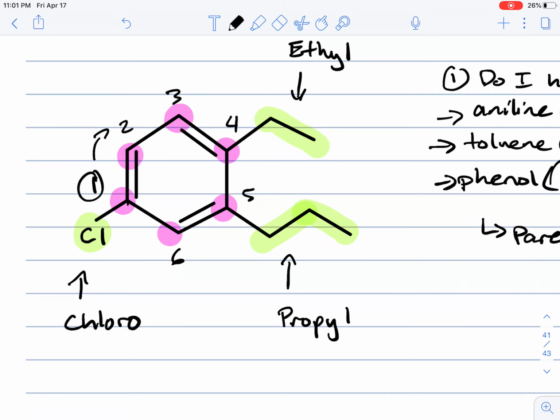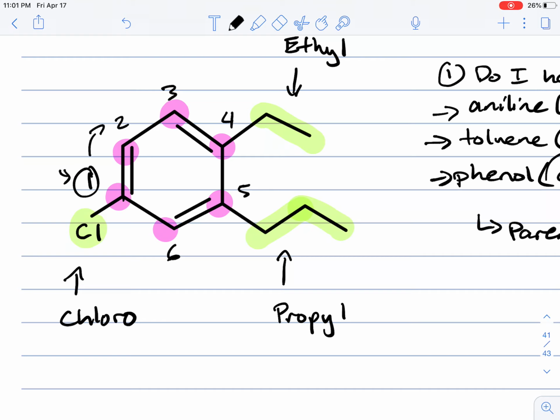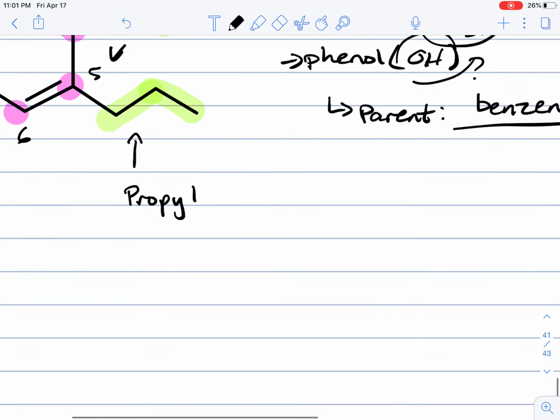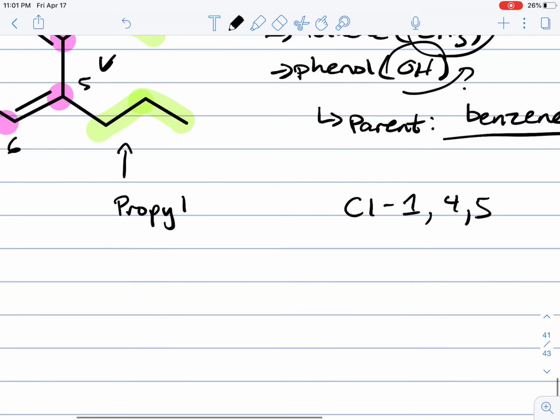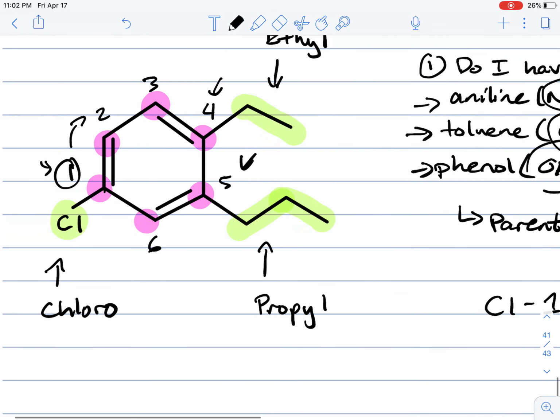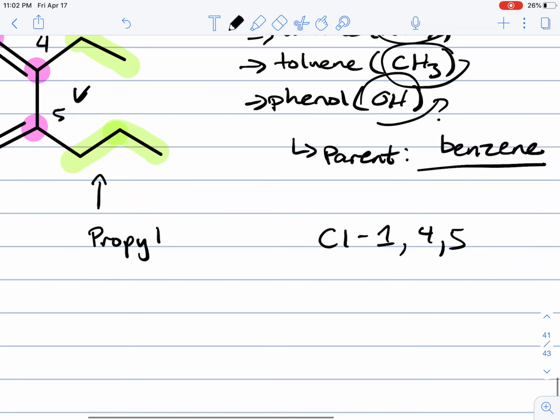And if you look at the numbers, I have 1, 4, and 5. Those numbers are kind of large. So if I do chlorine as my number 1, I get 1, 4, and 5 if I go clockwise.